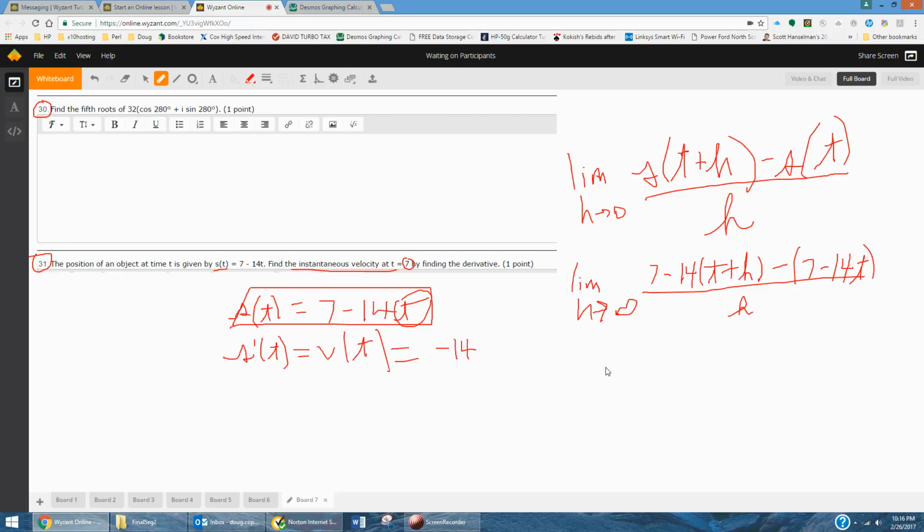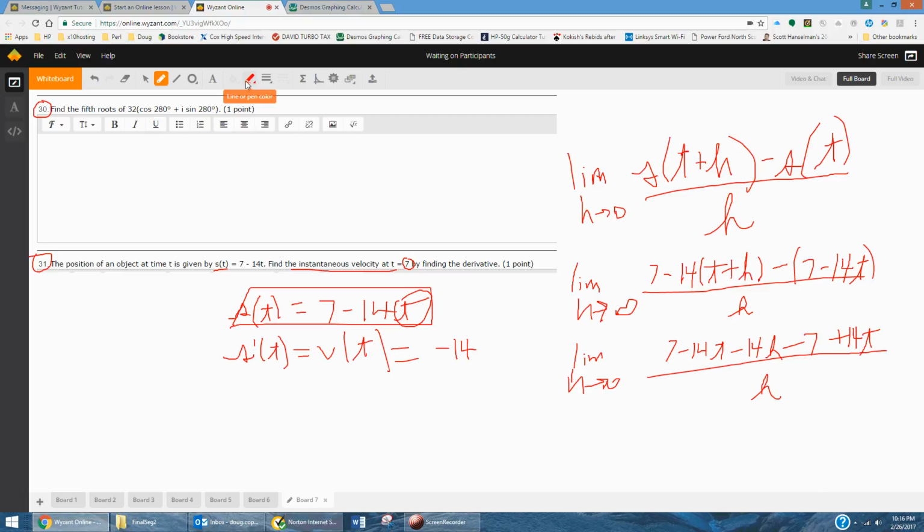Now remove the parentheses and watch what happens. 7 minus 14t minus 14h minus 7 plus 14t, all over h.